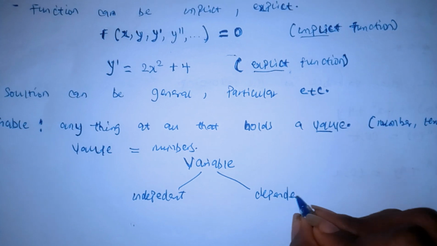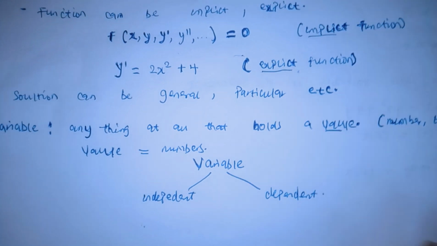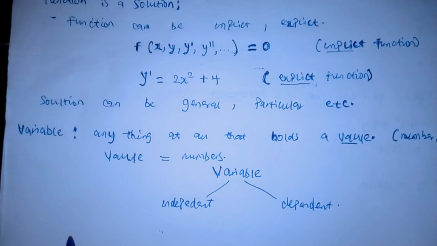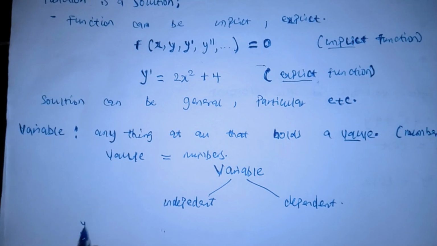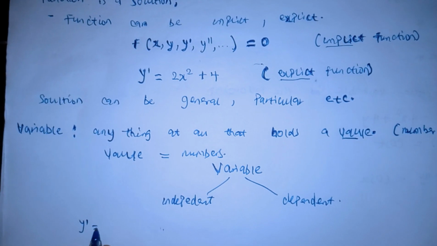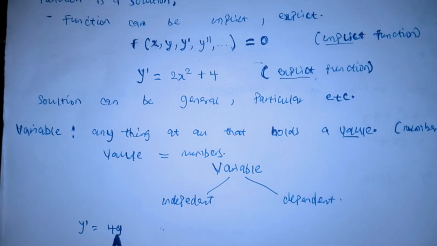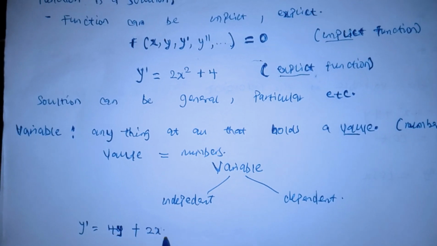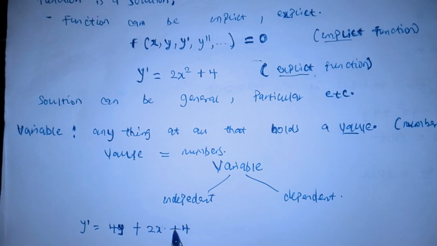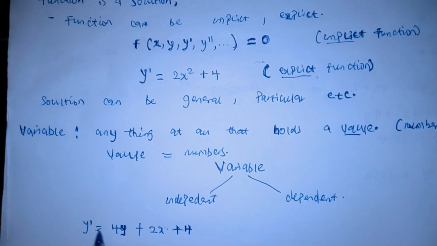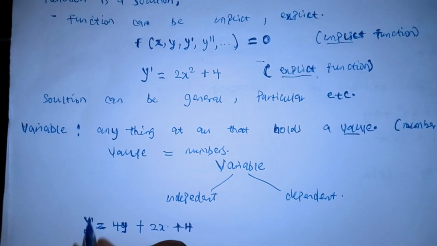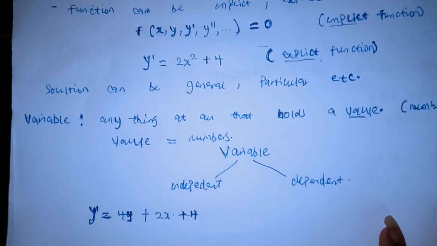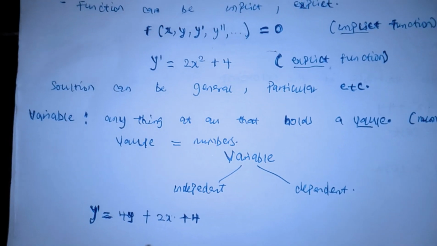These are the two types of variables we have in differential equation, and the question I will use to explain it is y prime equals 4y plus 2x plus 4. This is a differential equation because of the derivative y prime.